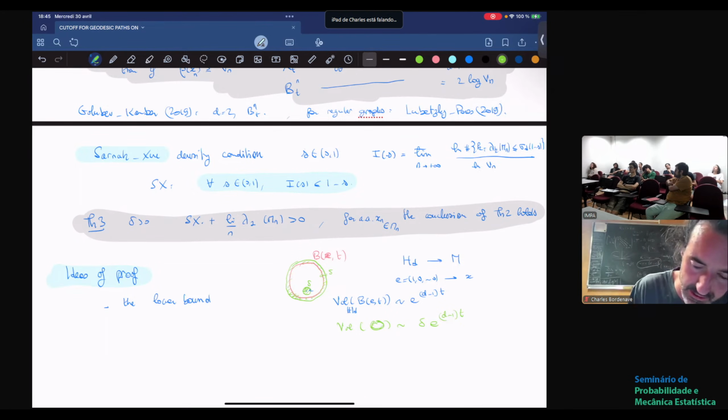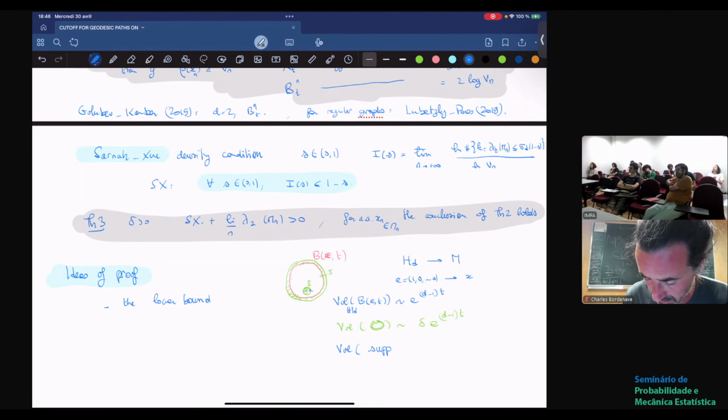And to have cutoff, you need to have the volume of the support of F, so this is the volume on my manifold M, be less than the volume in H^d of my green annulus, which is essentially delta exponential (d minus 1)t.